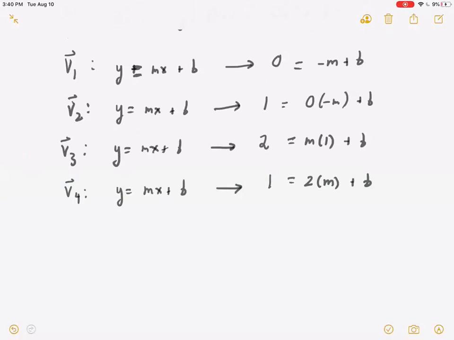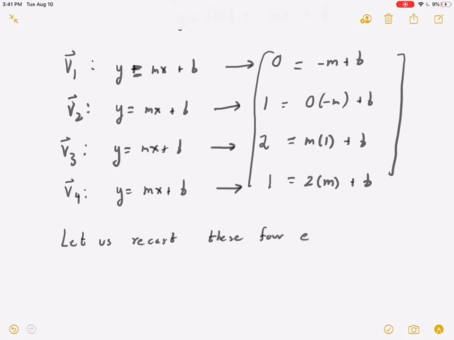What's the information I have? I have this piece of information, but I could rewrite this. So let us recast these 4 equations as a matrix equation.